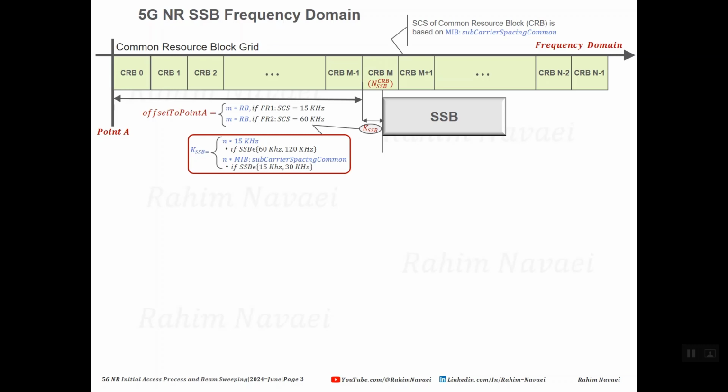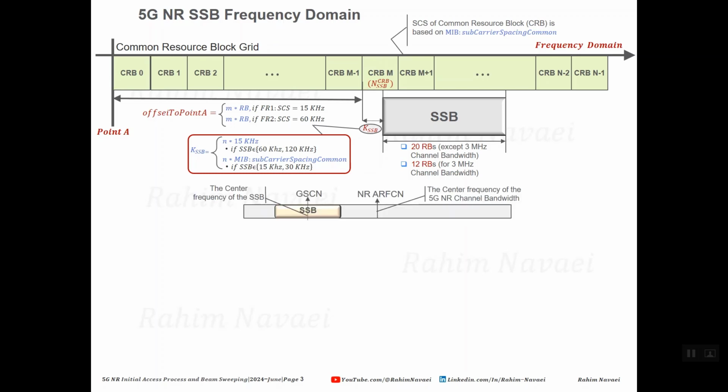From a bandwidth perspective, the SSB consists of 12 resource blocks for a 3 MHz channel bandwidth as specified in 3GPP release 18, or 20 resource blocks for other channel bandwidths.